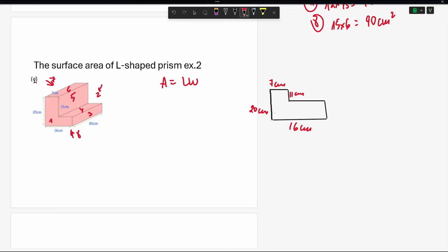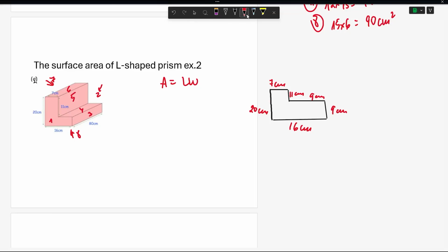So I have 20, the longest, and then I have 11, so that means here it's gonna be 9, because 20 minus 11 is 9. If you plus 9 and 11, you're gonna have a 20. So I have 16 here and 7 here, so 16 minus 7 is 9, so this side is 9. So you have now all the measurement.